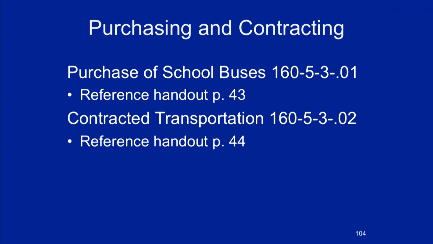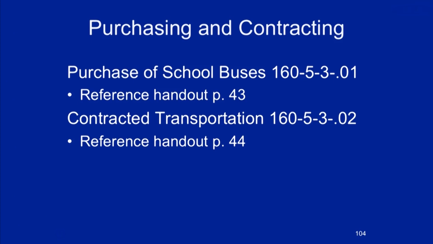Let's start with purchasing and contracting. Again, not a lot of details that as drivers we need to know about. It does specify the equipment necessary on a bus. It talks about how to go about getting bids. There is a system that the state operates that the local school districts can use to help purchase buses, et cetera, et cetera. The law talks about contracted services.